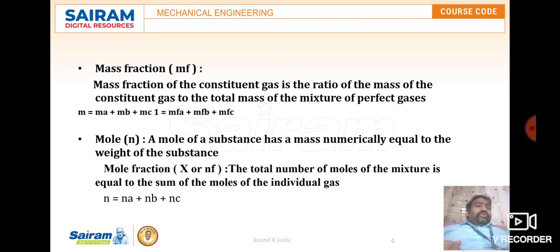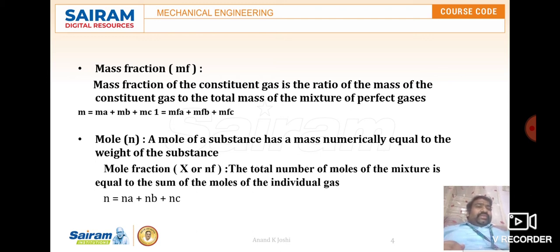I take the mass of each individual constituent relative to the total mass of the mixture. That is the mass fraction, and it will always be less than 1.